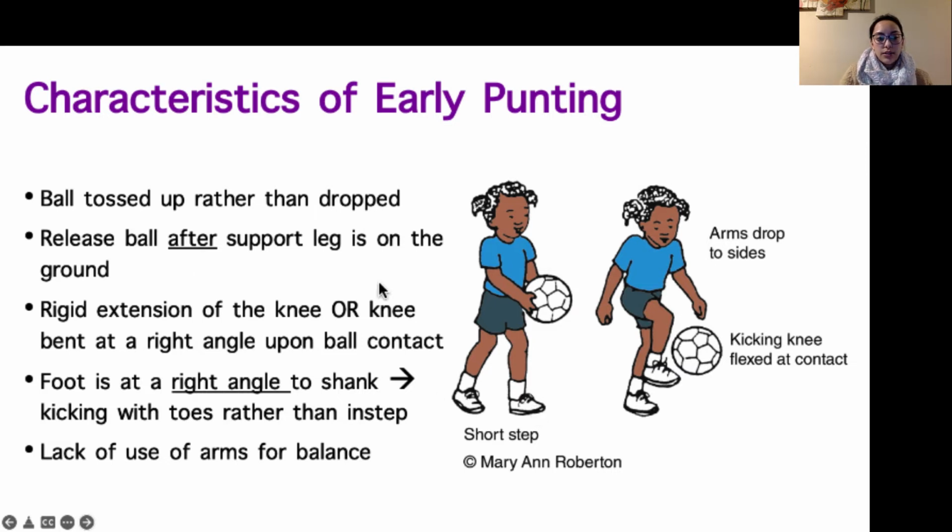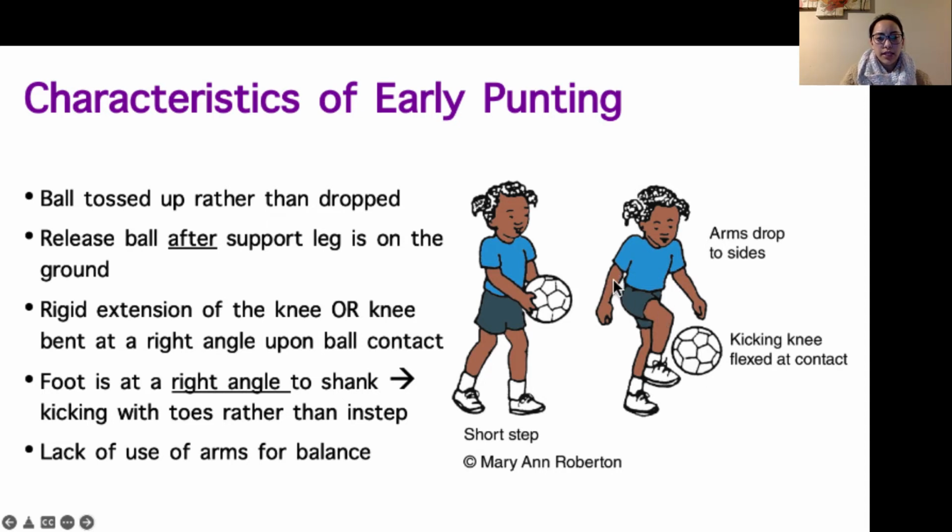Also, there's usually rigid extension of the knee, or the knee is bent at a right angle at the point of contact with the ball. The foot or ankle is also typically at a right angle, so a lot of ankle dorsiflexion. And then there's more emphasis of kicking with the toes rather than the instep in an early punt.